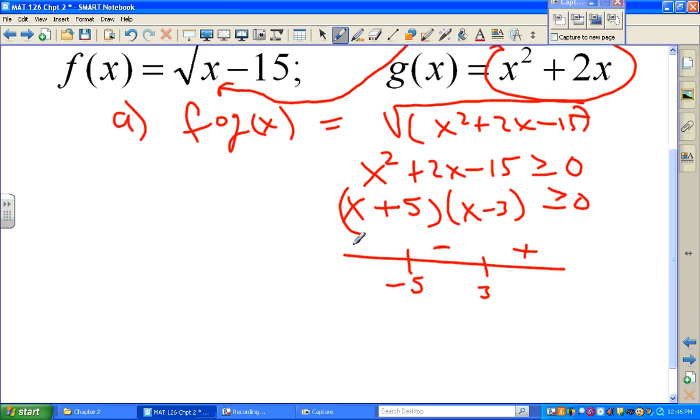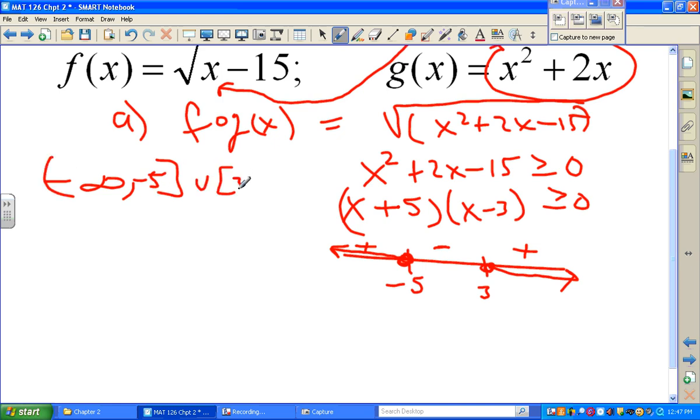Negative 10, positive, and 10 would be a positive. So which regions do you want? Yeah, and it can't equal because it says or equal to. So you just write the domain in interval notation. Negative infinity, negative 5, union 3 to infinity.